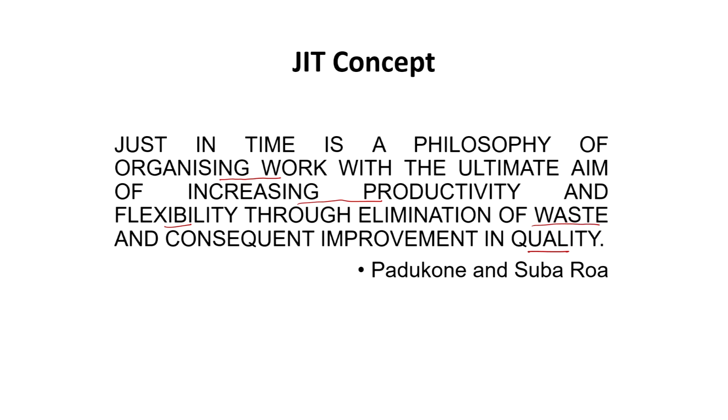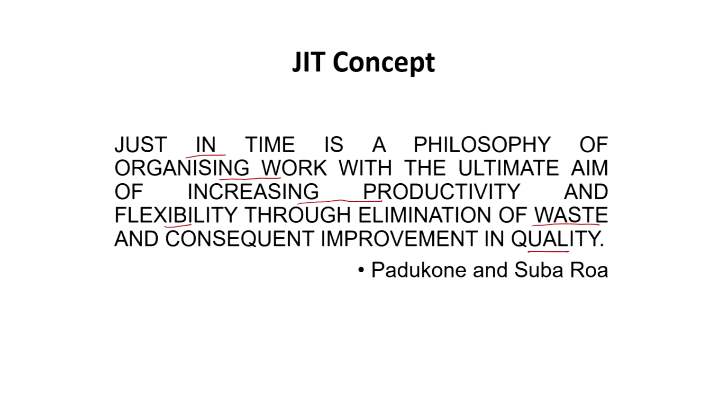So here in this definition you will find we are talking about flexibility, productivity, and quality also, and as just in time we are saying delivery has to be at the right time and production has to be as late as possible. In general, our aim in production management, as I discussed in the introduction, is threefold.